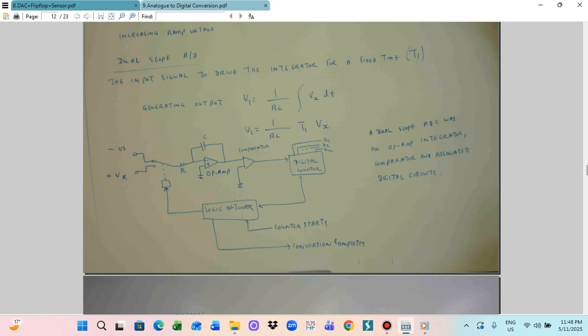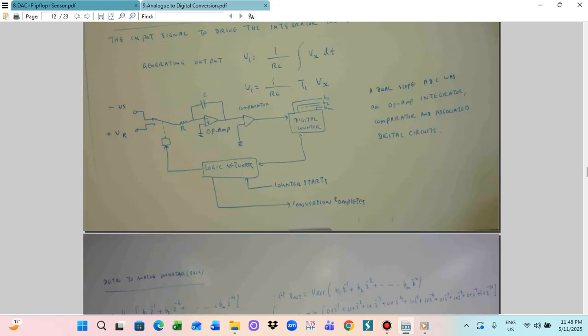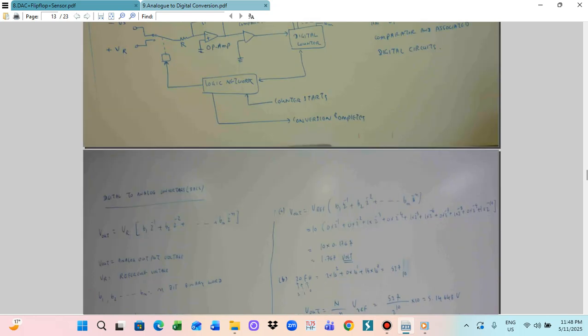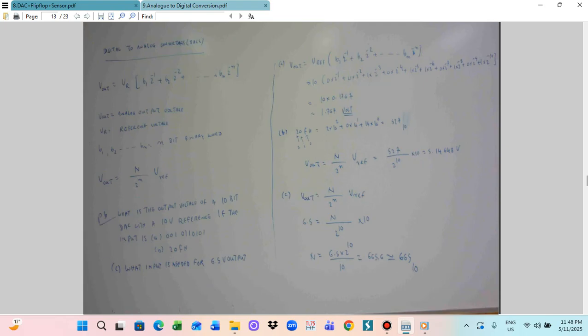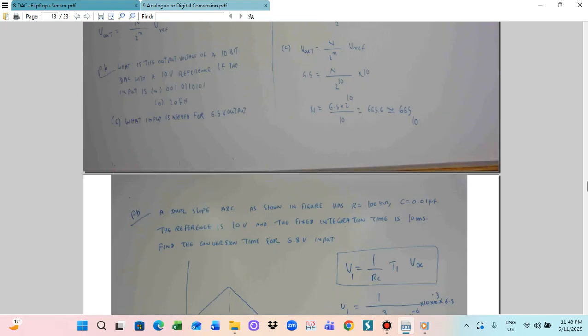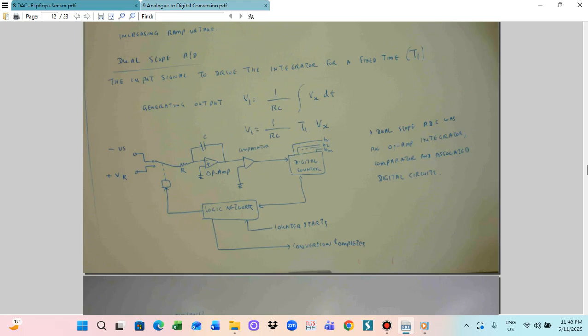This is compared with the reference signal, and there's a digital counter whose count is the bit output. This digital counter we connect with a logic network, and the logic network activates the relay. The logic network initiates the relay when the counter starts and stops when the conversion is completed. So this integrator circuit is utilized for analog to digital conversion.